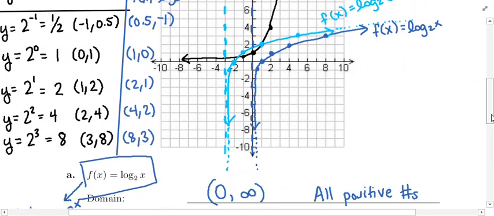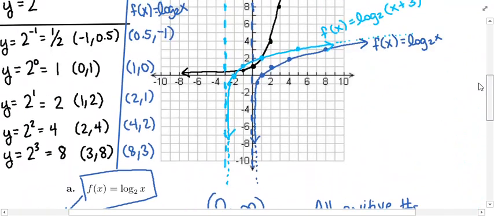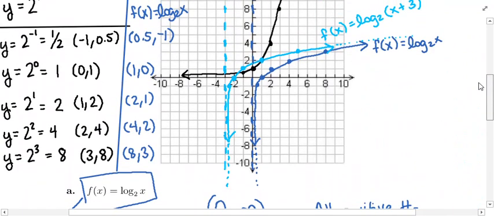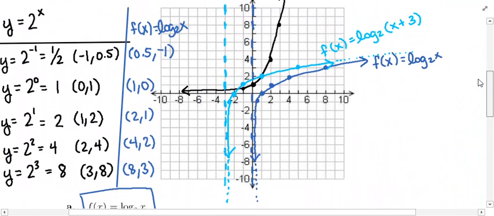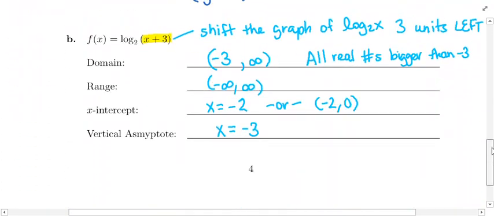Remember, vertical lines you write as x equals. You have to give an asymptote as an equation, so it is the line x equals -3. Every point on this dotted light blue line has an x value of -3. So we have graphed log base 2 of (x plus 3) in light blue and written down its attributes.